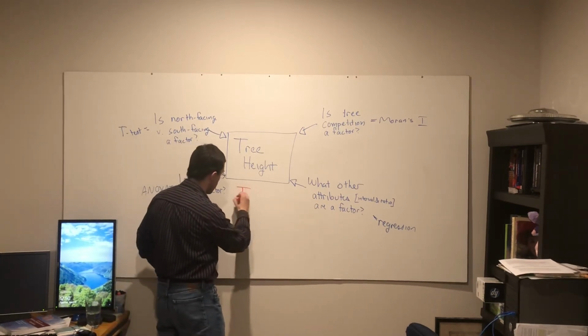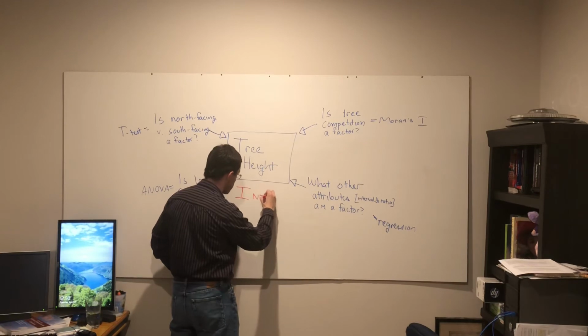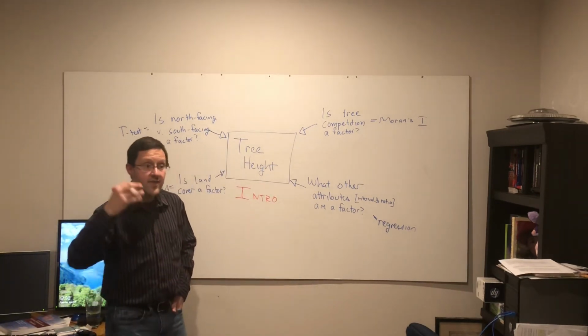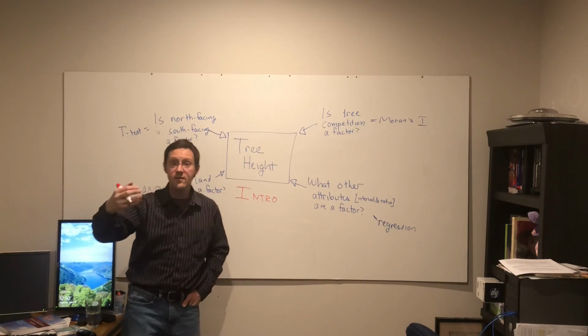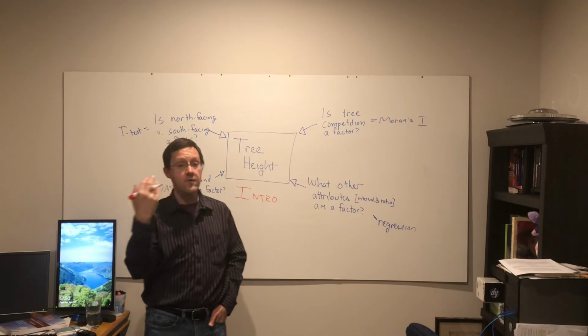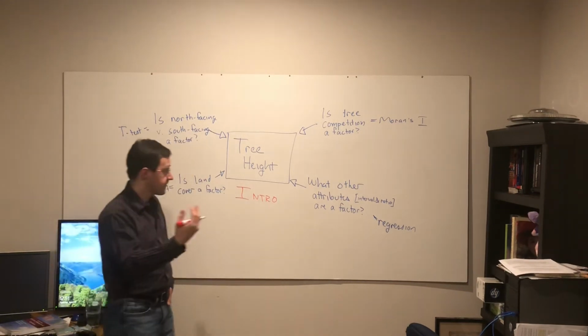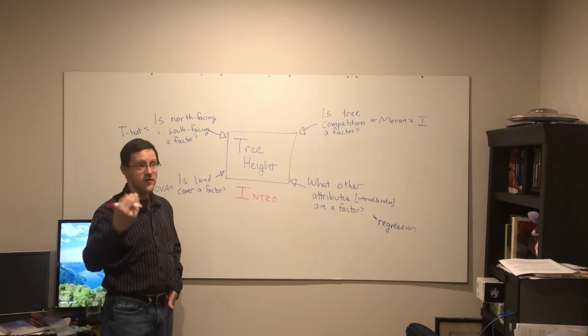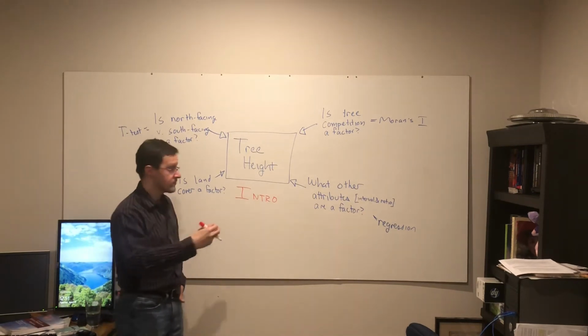We start with an intro which sets out the problem that says, I am interested in understanding the processes that affect the height of trees. Within that, I have a series of hypotheses.